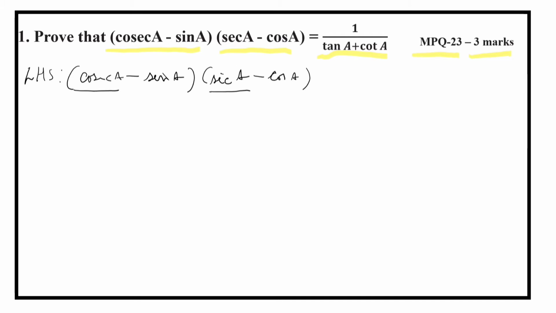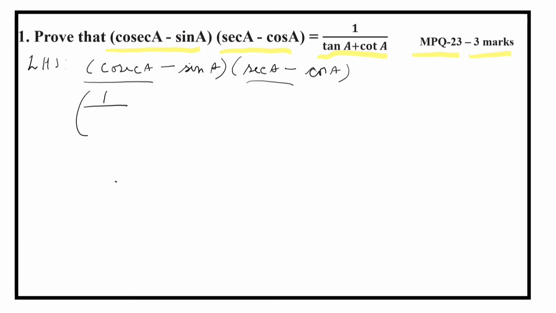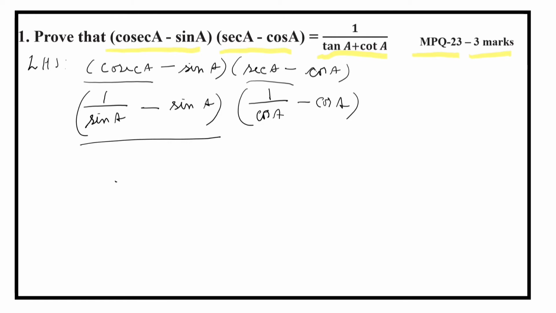What is cosecant A? It is 1 by sin A, minus sin A. What is secant A? 1 by cos A, minus cos A.